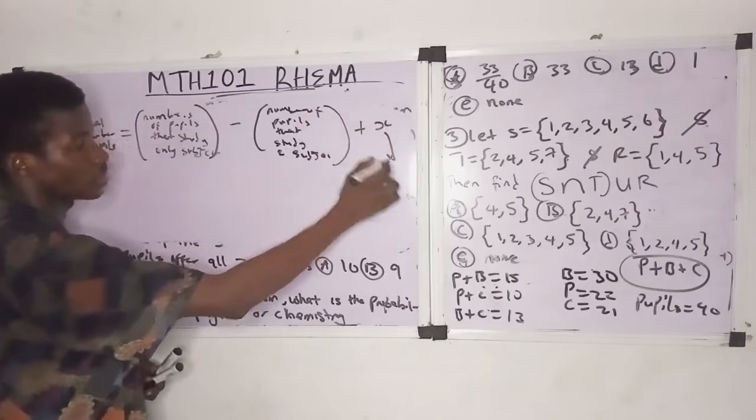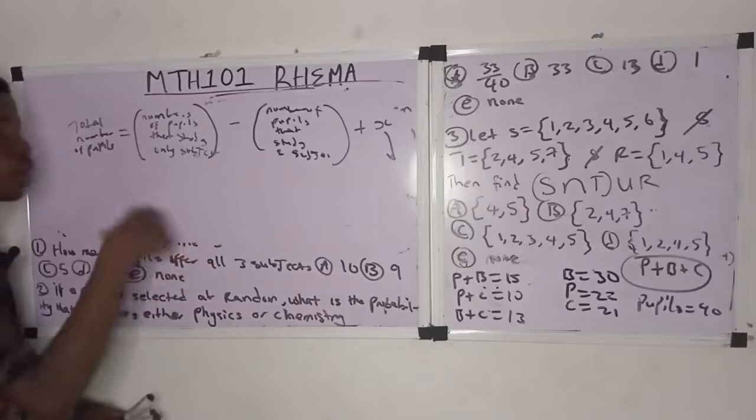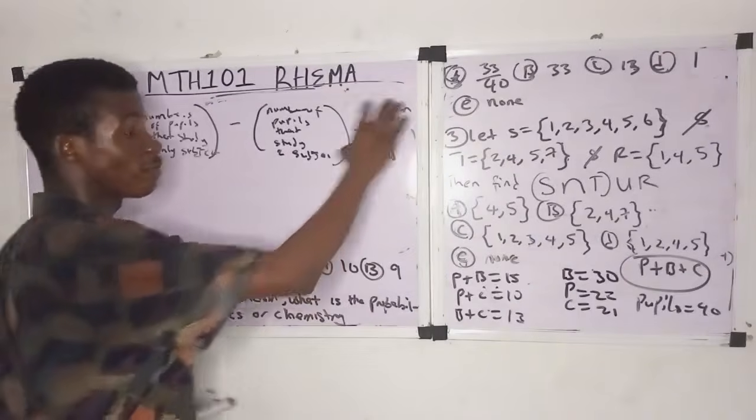This x is what we are looking for: the number of pupils that offer all three.